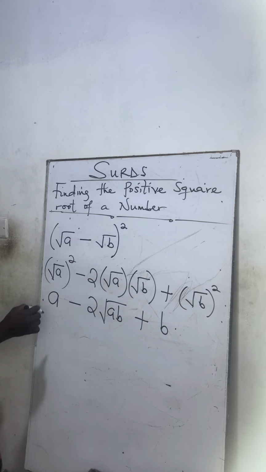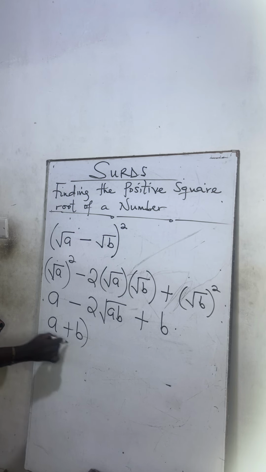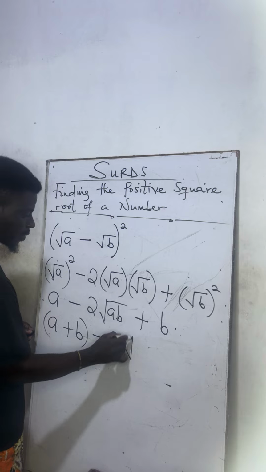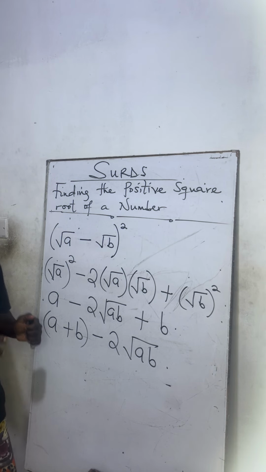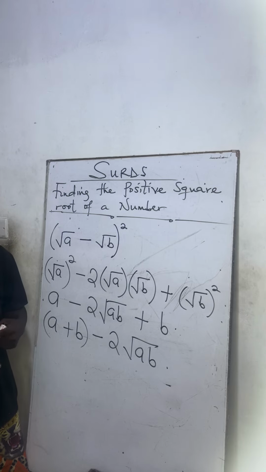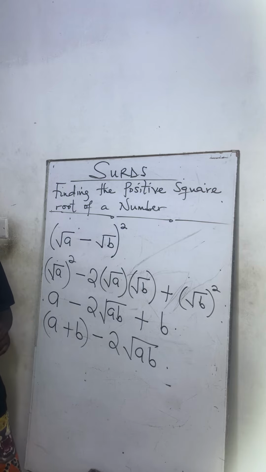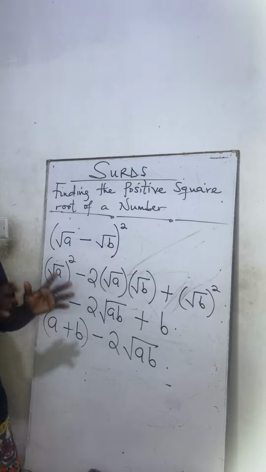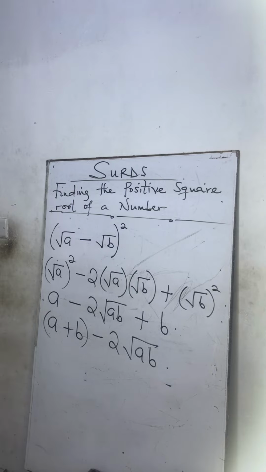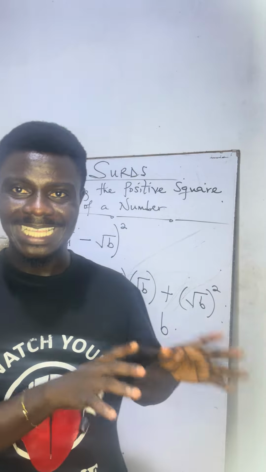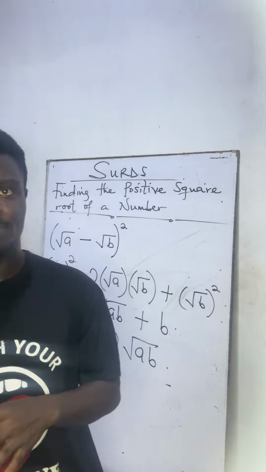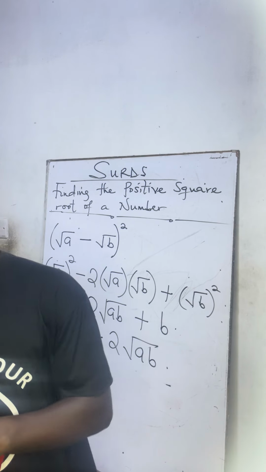So we get a plus b, then minus 2 times square root of ab. Also we'll be using this in our solution a lot, so pay close attention to that. So first and second expansion: square root of a plus square root of b all squared is a plus b plus 2 times square root of ab.